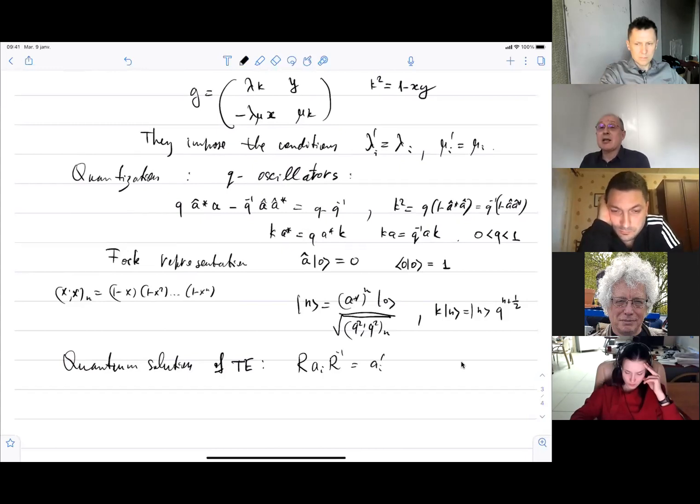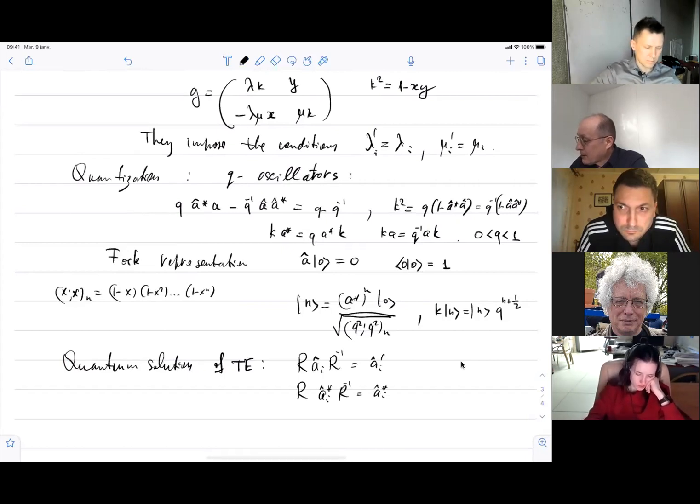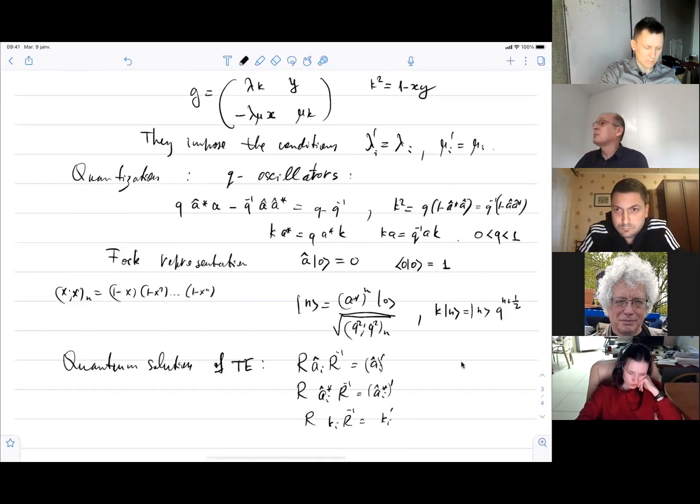The A_i primes are calculated from the local Yang-Baxter equation, so they are explicit expressions. This is a linear equation for the unknown operator. And likewise for the A stars, I mean these should be hats, prime. And R K_i R^{-1} equals K_i prime.